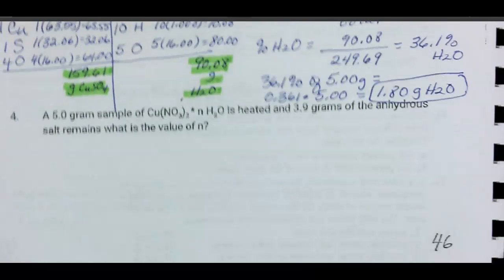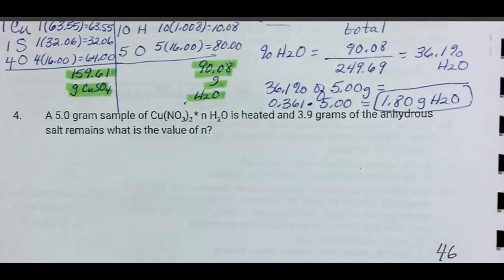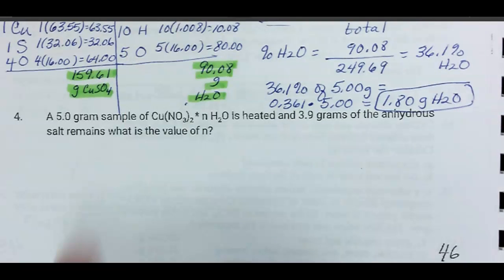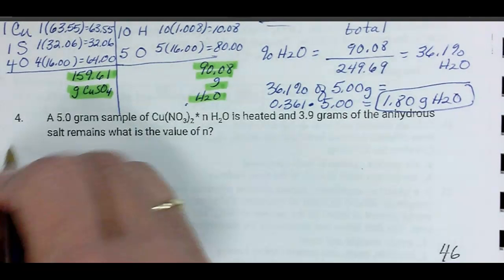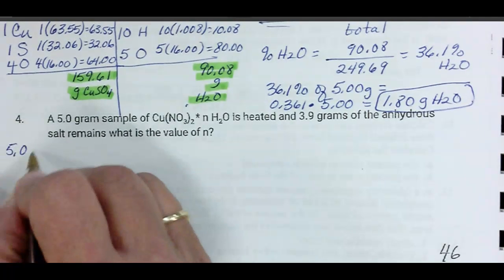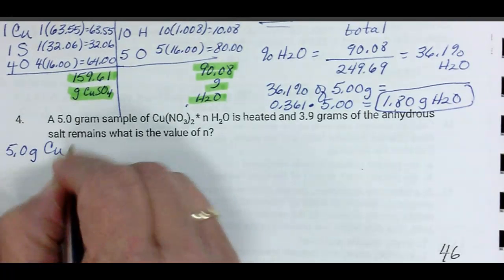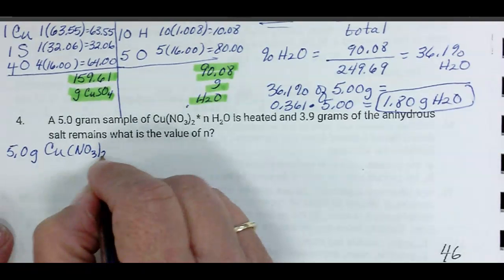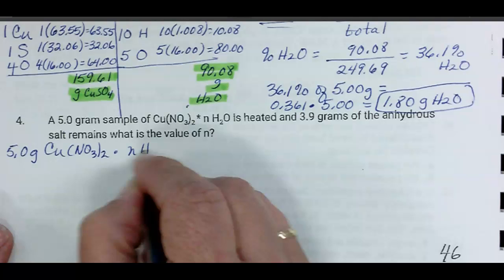So let's look at number 4, because this one, we're looking for the N value. What value is N? Where the previous problem, it was 9. So again, here we go. You have a 5.0 gram sample of copper nitrate times NH2O.